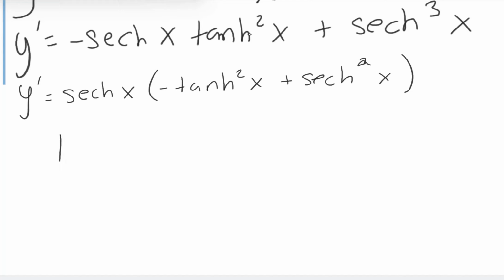So the only rule that we have is 1 minus tangent squared x equals secant squared x.